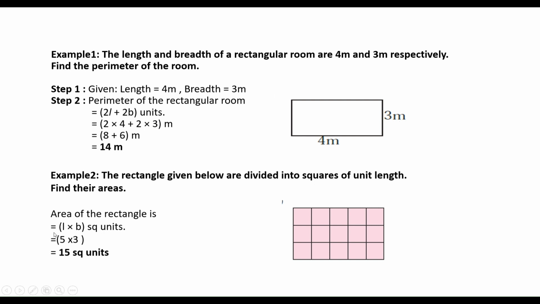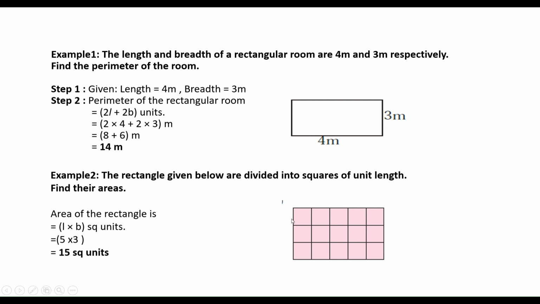Now let's move on to the next question. The rectangles given below are divided into squares of unit length. Find their areas. First we have to find the area of this rectangle given. What is the formula of area? Area of a rectangle is nothing but length into breadth square units.